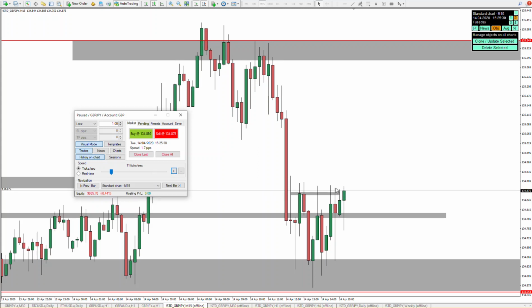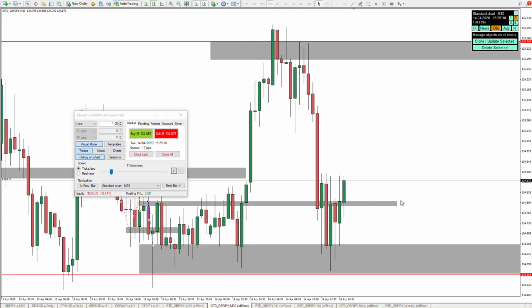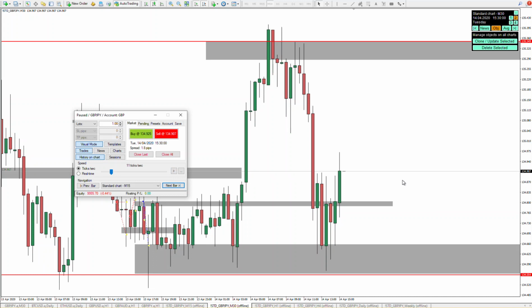Okay, we got the break of this high. 5 minutes and 30 candles closing. Let's wait for that. This is beautiful. We got a close above everything with a nice wick on the top.